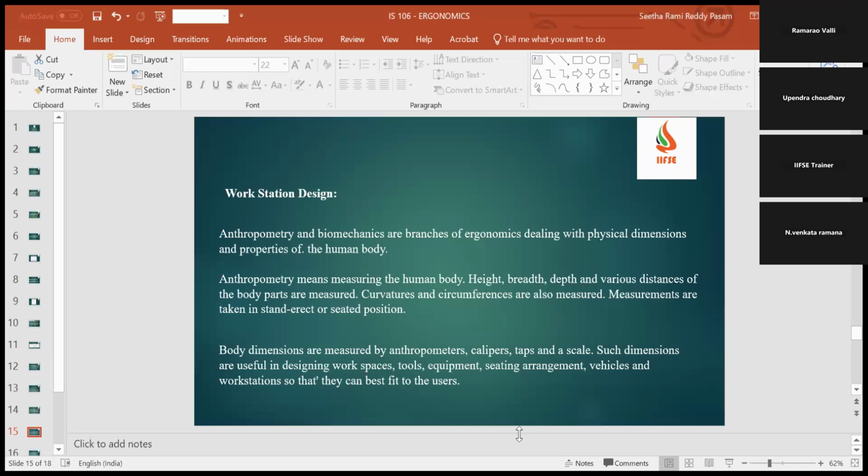Body dimensions are measured by anthropometers, calipers, tapes, and scales. Such dimensions are useful in the designing of workspace tools, equipment, seating arrangements, vehicles, and also workstations, so that they can be a best fit to the users. When we say sitting position, again I can take the example of an automobile where you sit in a car.